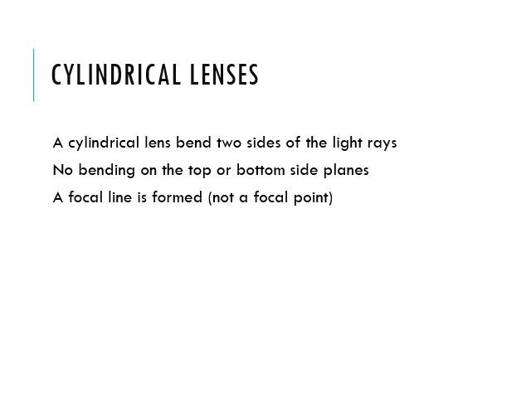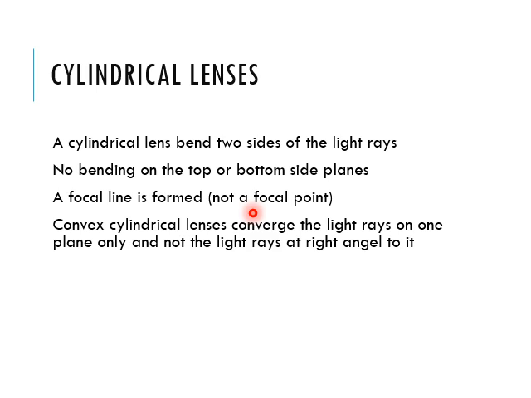Now cylindrical lenses bend the light rays on two sides. For example, there is no bending on the top or the bottom, only the side planes are bent. So a focal line is formed instead of a focal point. This is one of the differences from the convex and the concave lenses. There is no focal point, instead there is a focal line, since there is no bending from the top and the bottom.